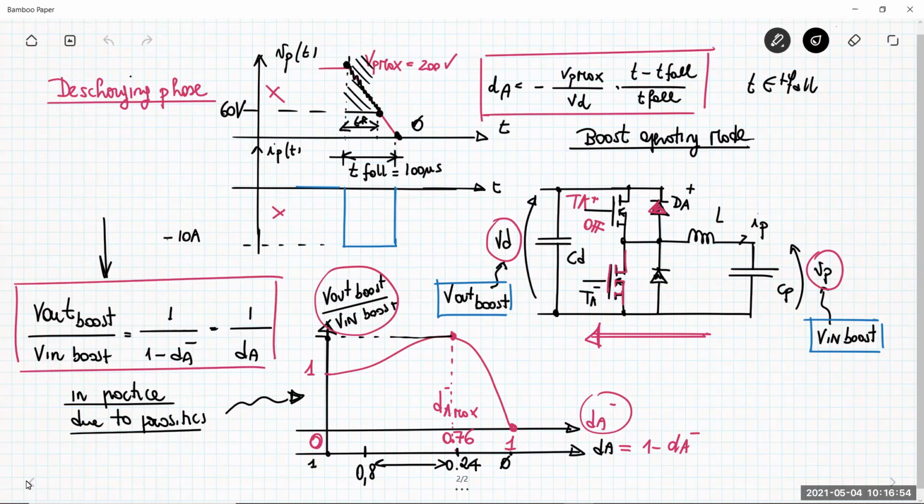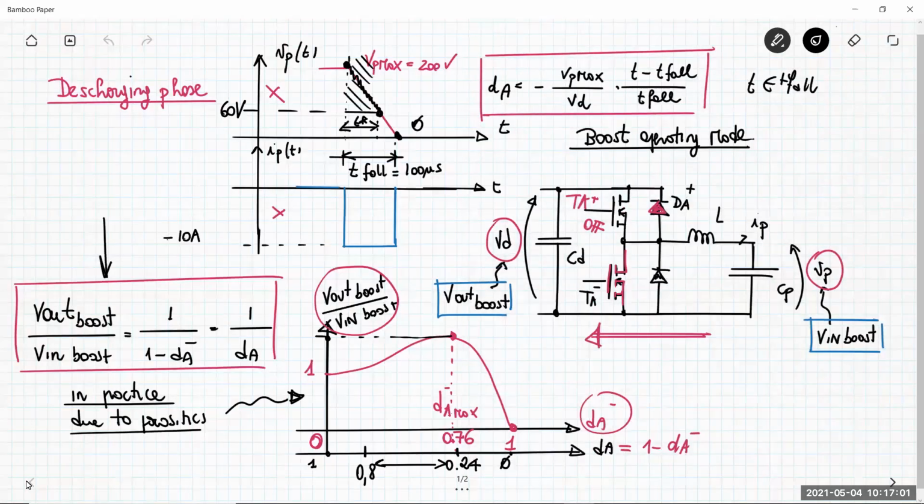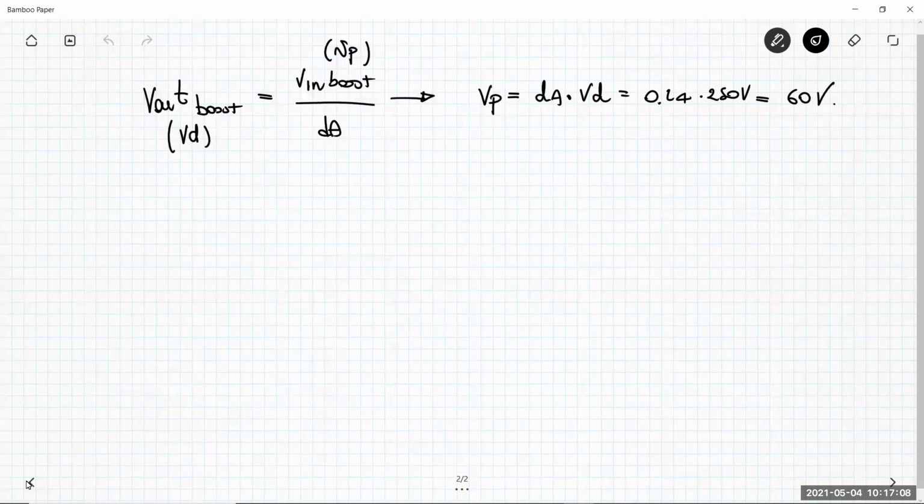To find T star, we have to consider this expression, and from that expression you can see that T star is simply T fall minus Vp over Vp maximum multiplied by T fall.